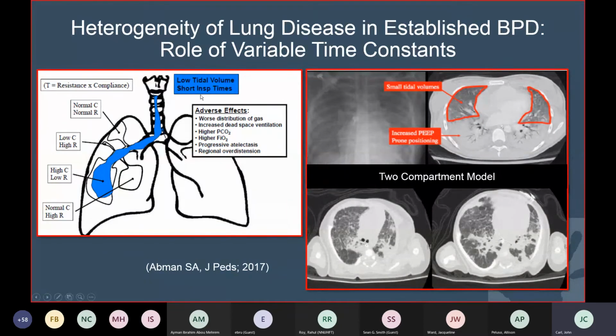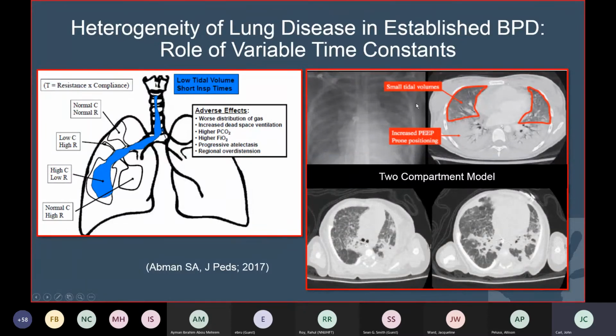When you have low tidal volumes, you are able to ventilate adequately areas that have high compliance and low resistance, but there are adverse effects that come from that. You're ventilating these areas, obviously, and not this, with low tidal volumes and short inspiratory times. What you wind up with is worse gas distribution, increased dead space ventilation, higher CO2 levels, higher supplemental oxygen requirement, and progressive atelectasis and regional overdistension.